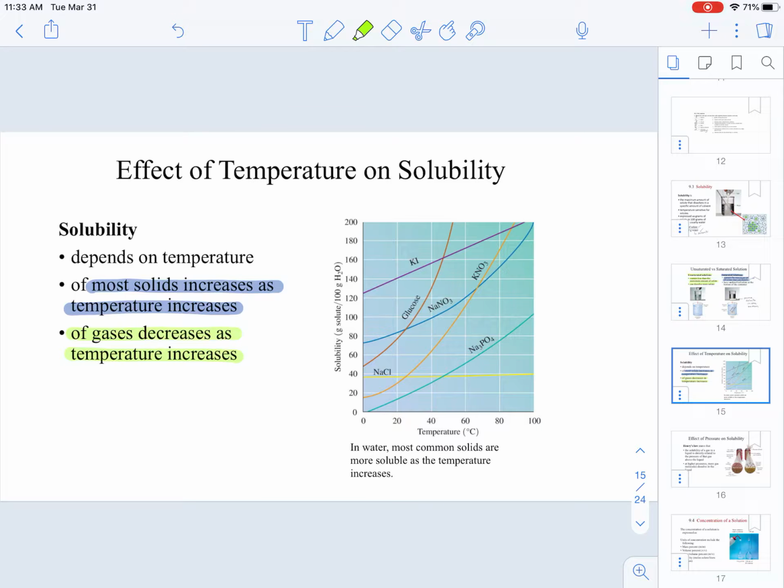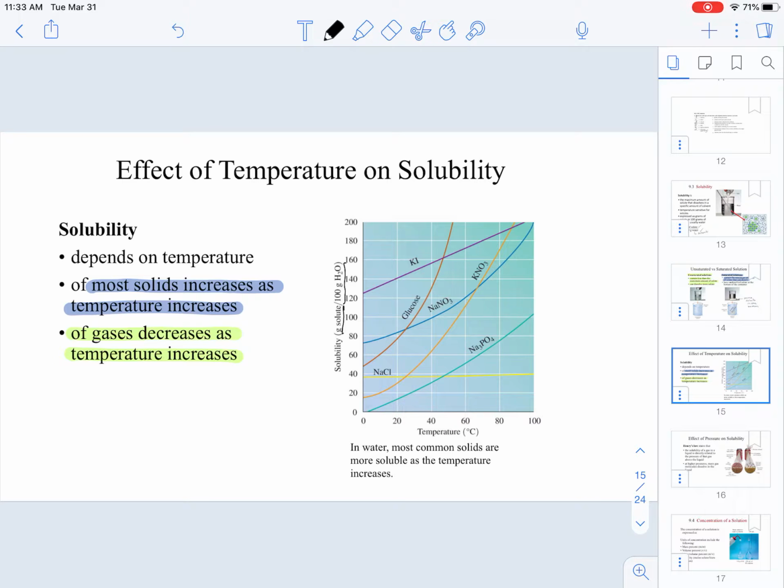In the graph that we have on the right, as you can see, we have a series of ionic compounds that are graphed in terms of how soluble they become, meaning how many grams of solute we are dissolving in 100 grams of water in different temperatures.